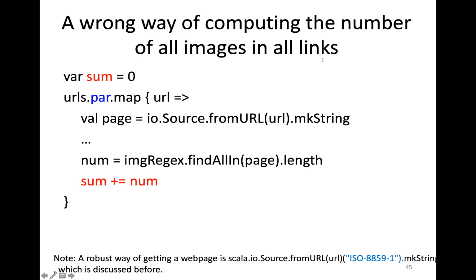So we have a bunch of web pages, bunch of URLs, and each URL basically means one web page, right? And inside that web page we can have zero or multiple images, correct? So each URL basically gives us how many images are embedded in that URL page. And for some reason we want to compute the total number of all images in all these links. Say that is the goal.